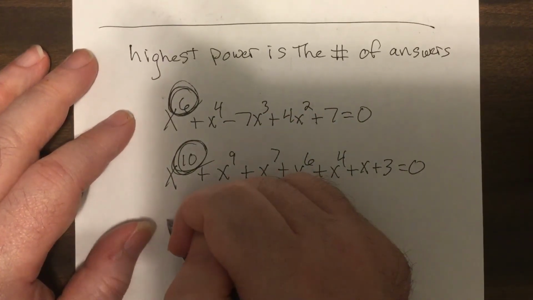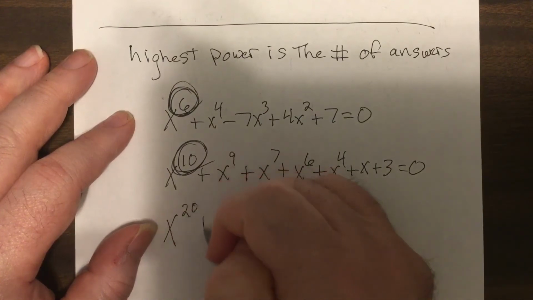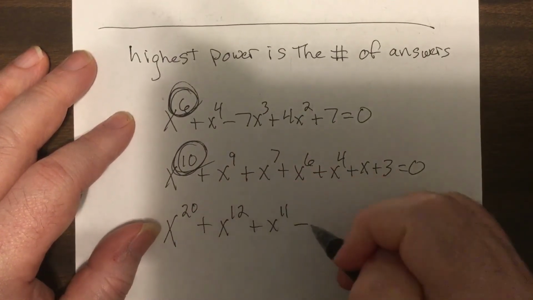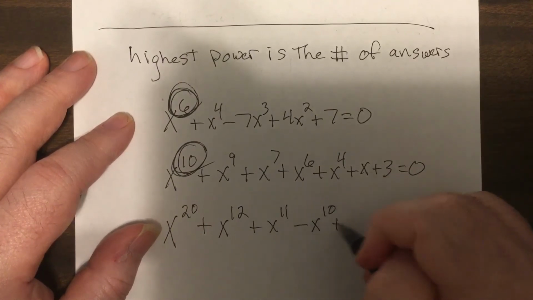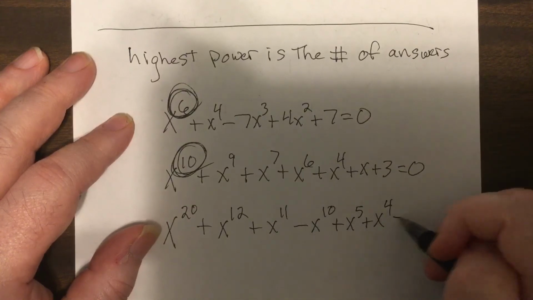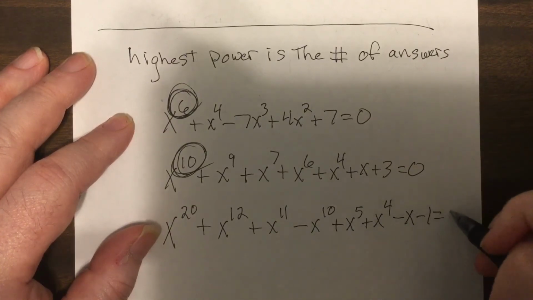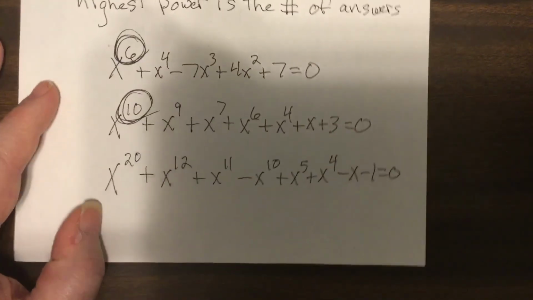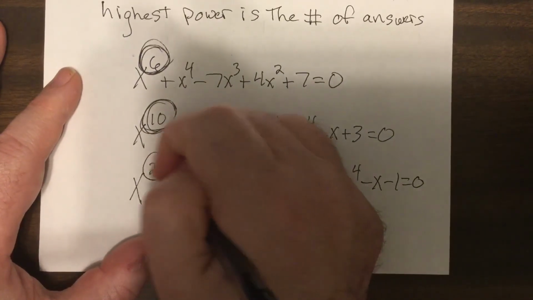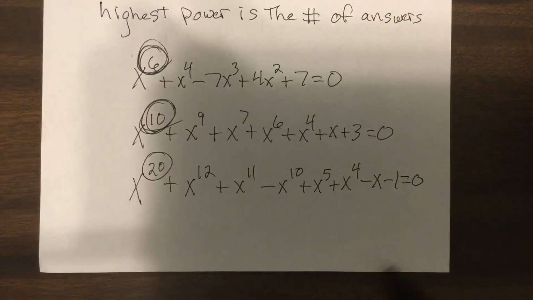If I said, okay, x to the 20th plus x to the 12th plus x to the 11th minus x to the 10th plus x to the 5th plus x to the 4th minus x minus 1 equals 0. And I said, how many answers are there? This should be the easiest problem you've ever done. 20.